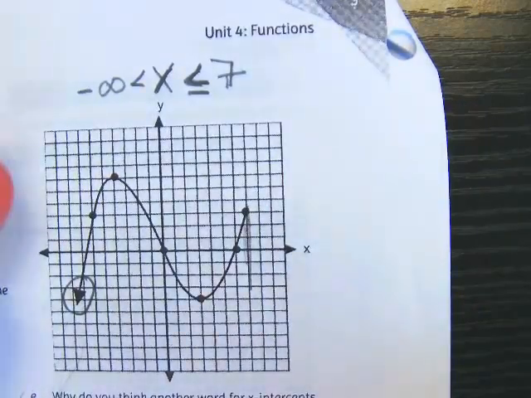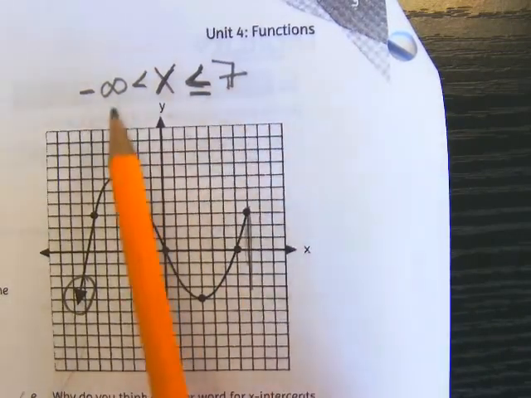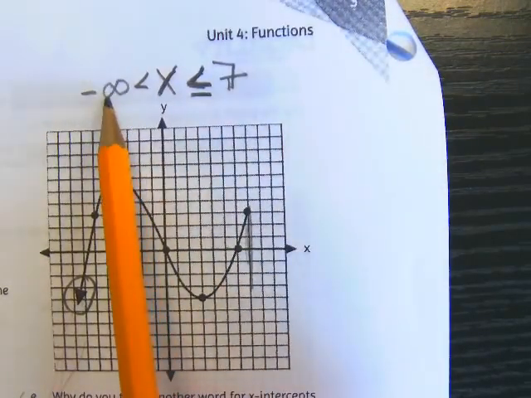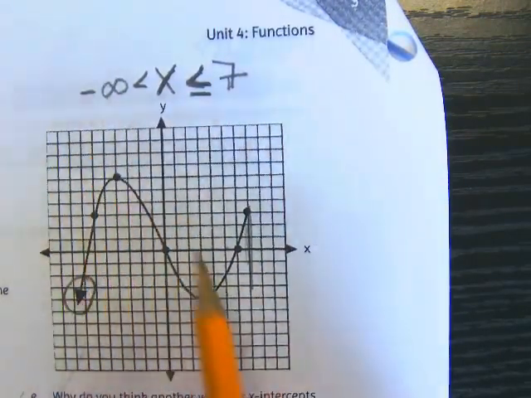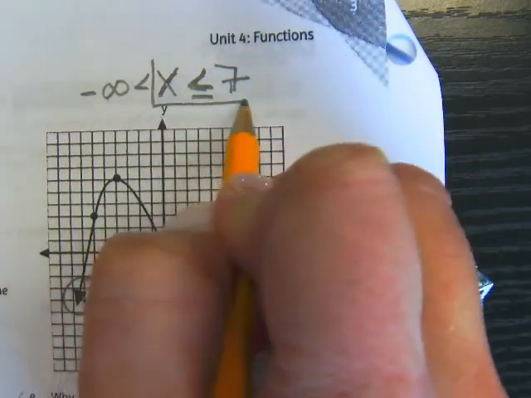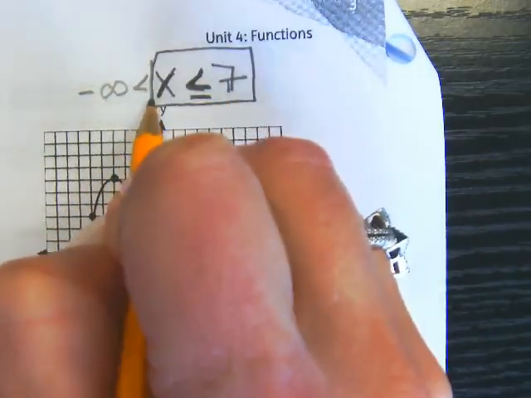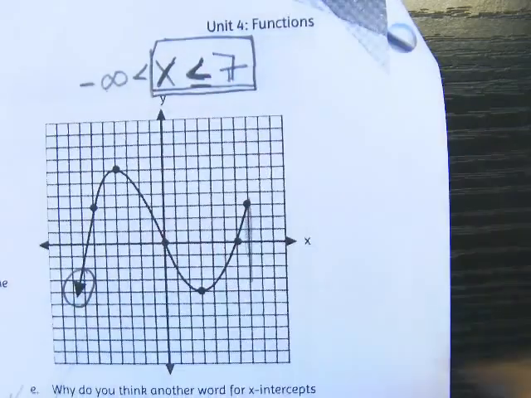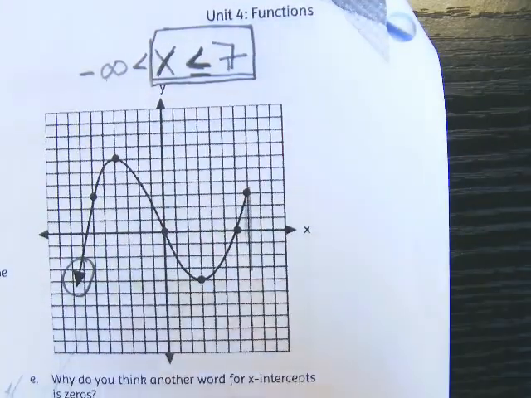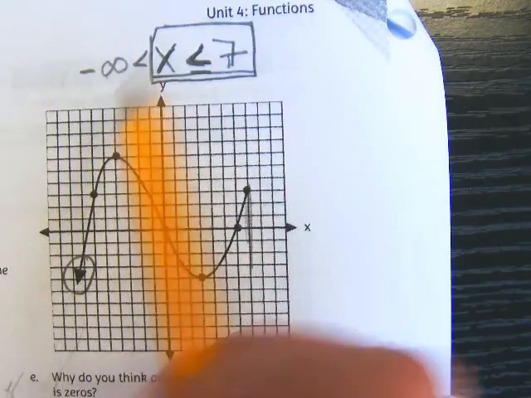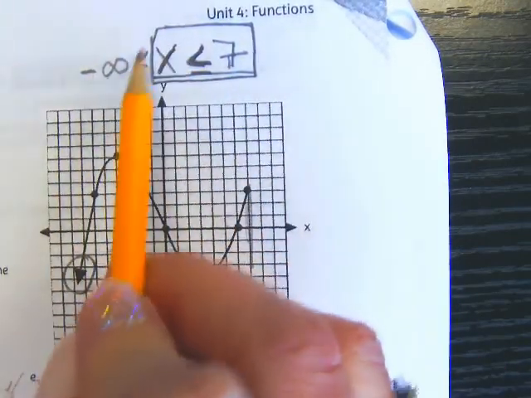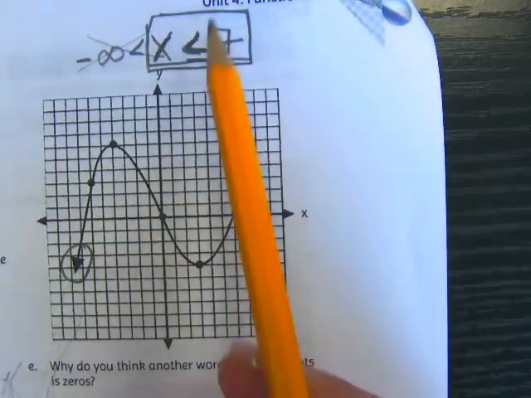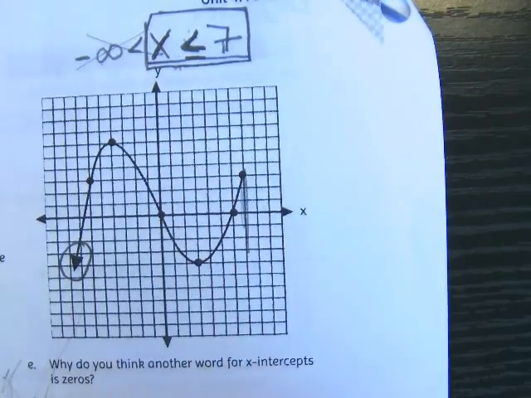Now, you can write it like this. You could leave it like this, but the fact is, because this is negative infinity, we don't necessarily need to show a number. We just need to show that x is less than or equal to 7, which means that it goes on in that direction forever. So leaving this would not be wrong, but when you have an infinity, you don't really need that chunk. It insinuates that it's going on forever with just this piece.